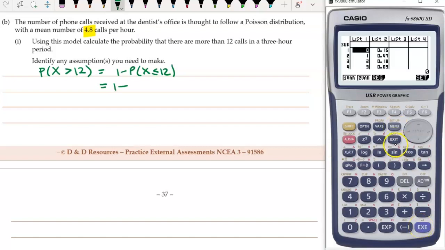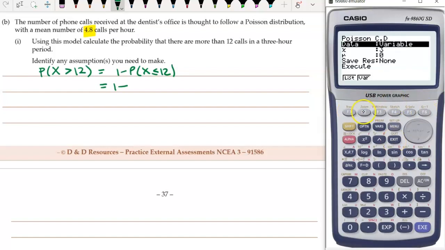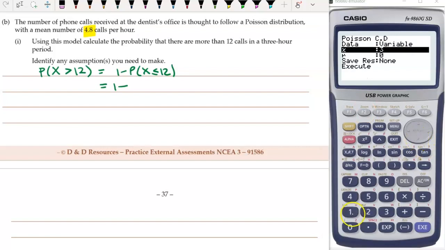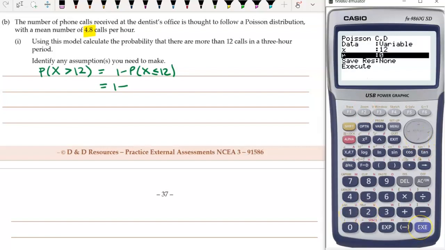We'll just exit out of where we were before. We're doing distributions, move along to Poisson, cumulative. Now x is 12, and our mean, we just need to be careful here. I didn't quite pick up on that, this is in a 3-hour period, so we do need to multiply up our lambda. So lambda in a 3-hour period will be 4.8 times 3.